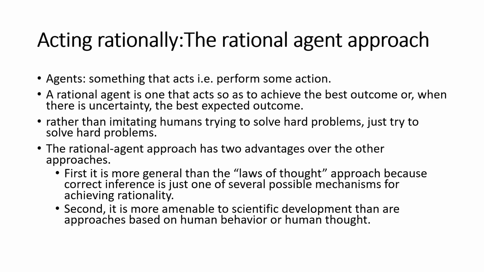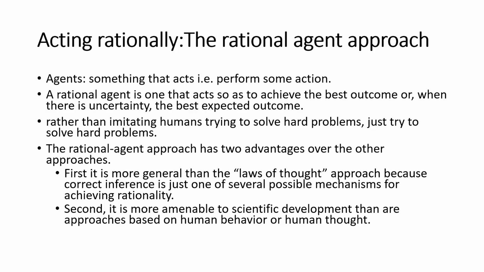And next one is acting rationally. That is the rational agent approach. Acting rationally means designing agents that take the best possible action to achieve a goal. This approach is based on the concept of a rational agent. A rational agent perceives its environment using sensors, that means it collects information from the environment using sensors, acts using actuators, and chooses the action that maximizes the performance measure.